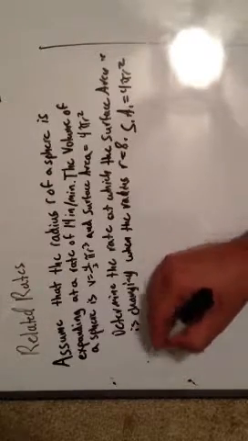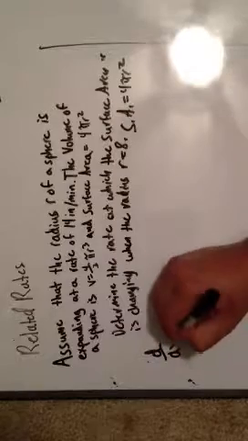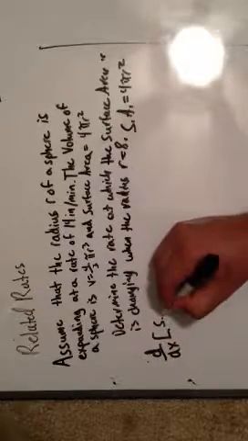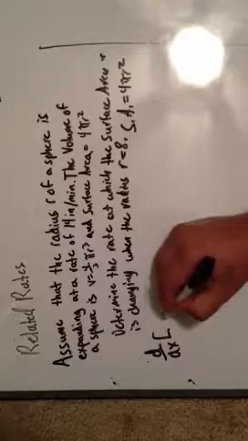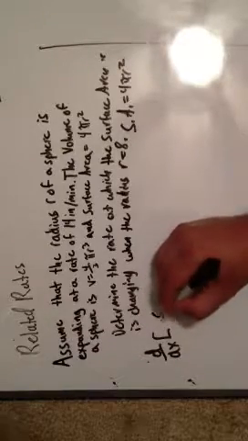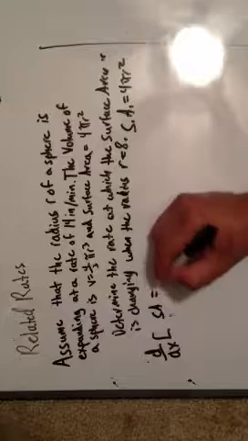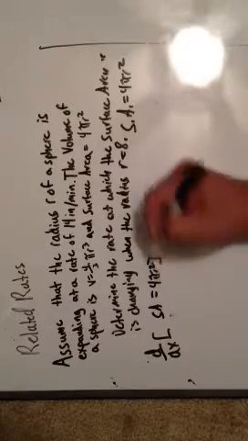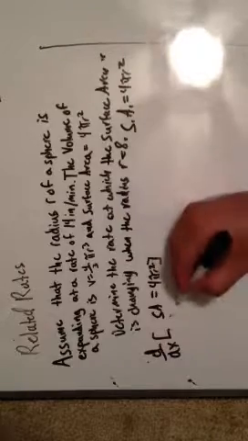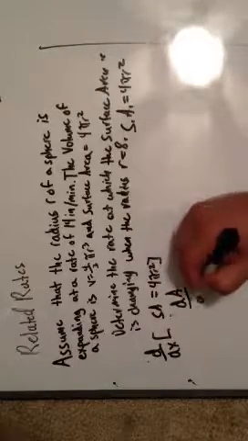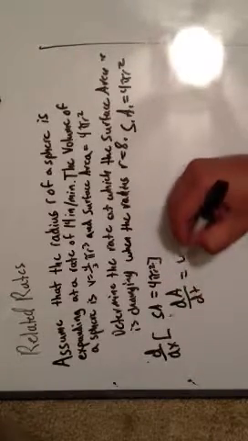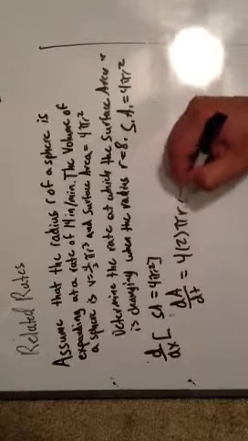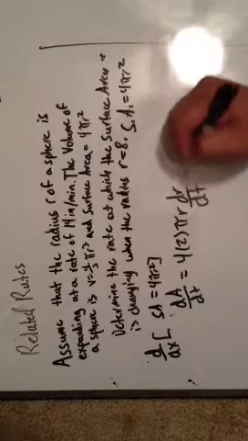So we're going to take the derivative of all this, and that's just going to equal the derivative of area with respect to time is equal to 4 times 2 pi r dr dt.